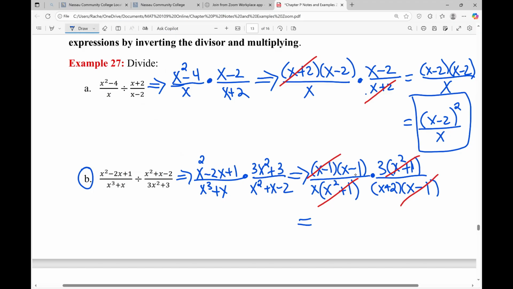All I have is an x minus 1 times a 3. So that's 3 times x minus 1 over, in the denominator, all I have is x times x plus 2. That would be my simplified answer: 3 times x minus 1 divided by x times x plus 2. So that's how we divide rational expressions.